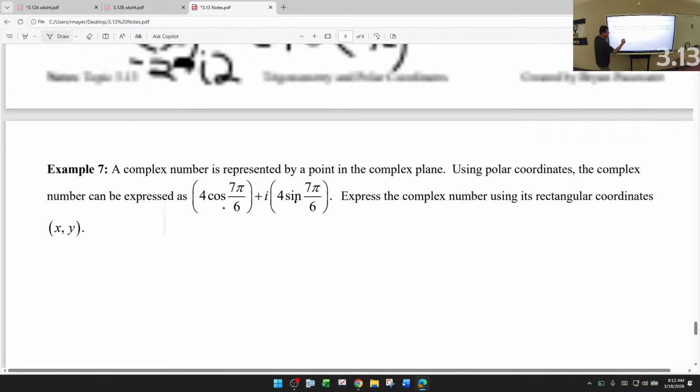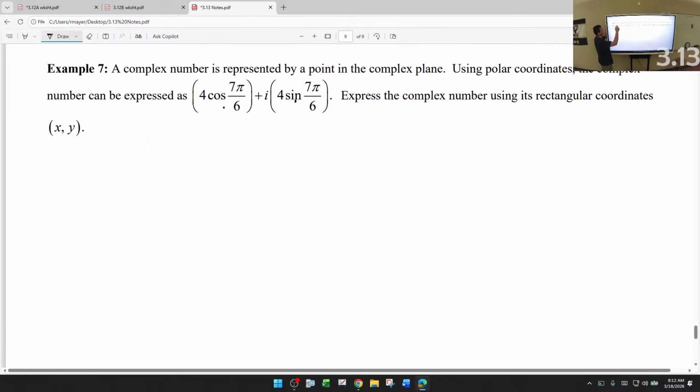So, easiest way. Cosine of 7 pi over 6, which you already know what that is. 1, 6, 2, 6, 3, 6, 4, 6, 5, 6, 6, 6, 7, 6. Cosine is negative root 3 over 2. Negative root 3 over 2.